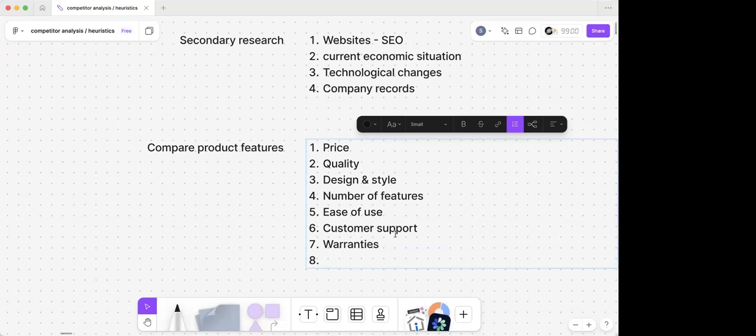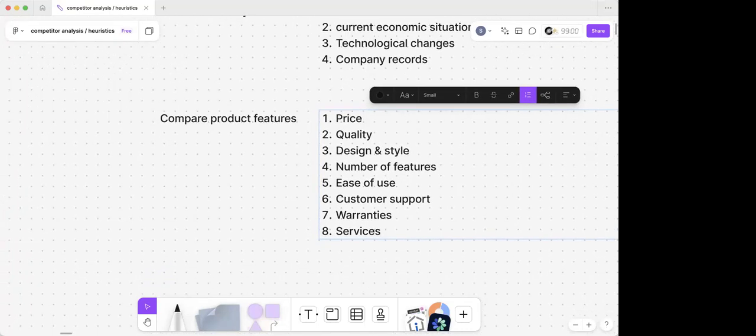No, no. Okay, you're talking about services. It won't come under customer support. This is a service which is offered for the product. So you can say it as customer services, or else services offered.